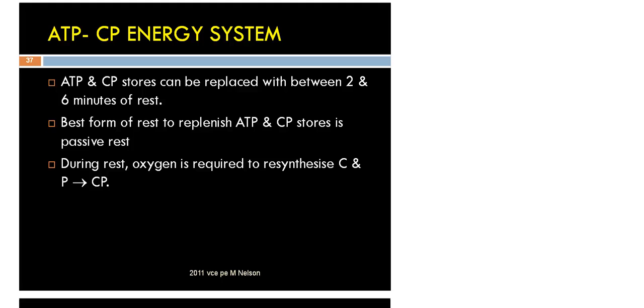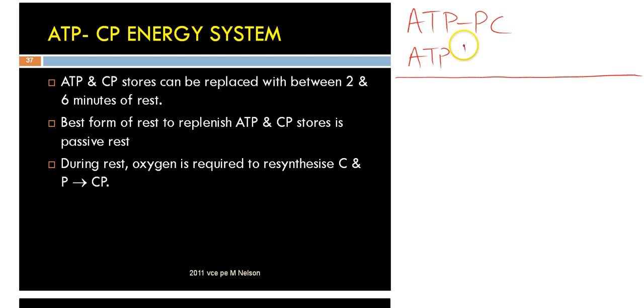Now, to replenish our stores of ATP and CP, I'm just going to have a little aside here. We do need to know the difference between ATP PC and ATP and PC. The first one is the name of an energy system.